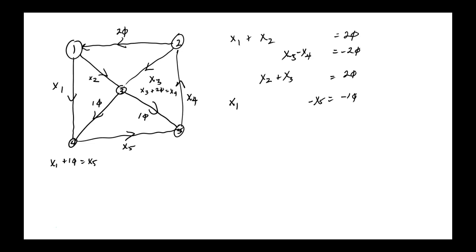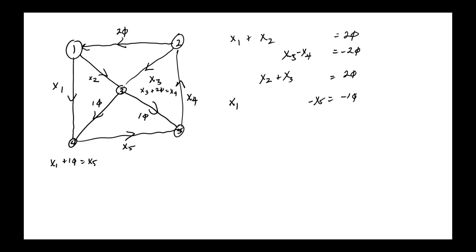So go to junction 2, and this is what I wrote here. I probably should have written it up there. What you have going out, x3 plus 20, is equal to what's coming in, x4.